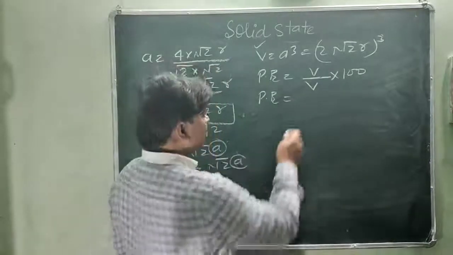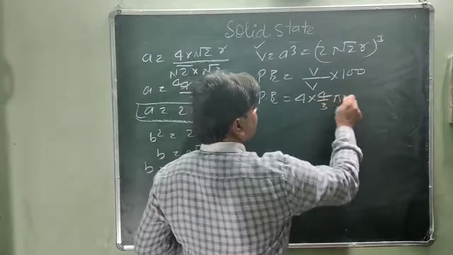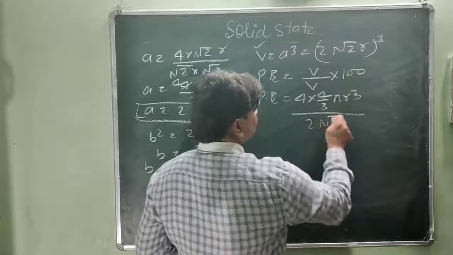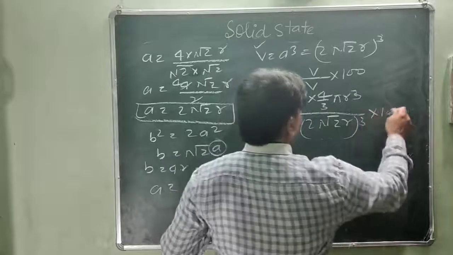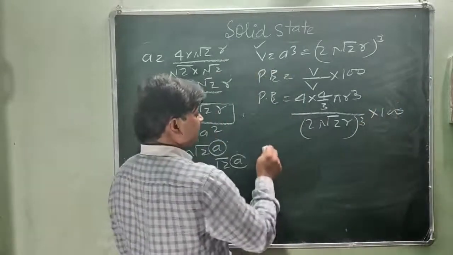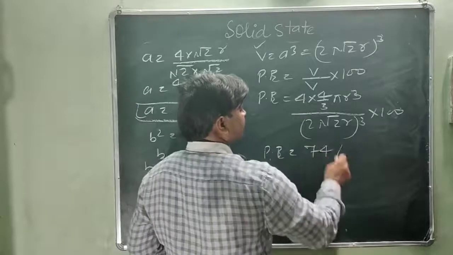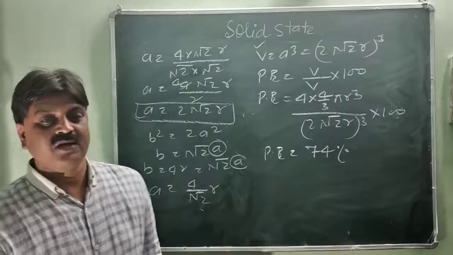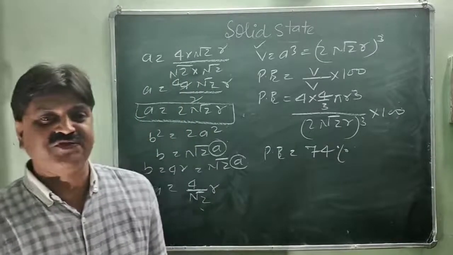So 4 into 4 by 3 pi R cube upon total volume 2 root 2 R cube into 100. After calculating, you will find the packing efficiency is equal to 74% in case of FCC. You can calculate it yourself.